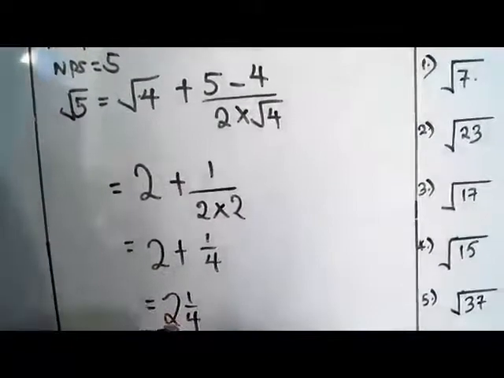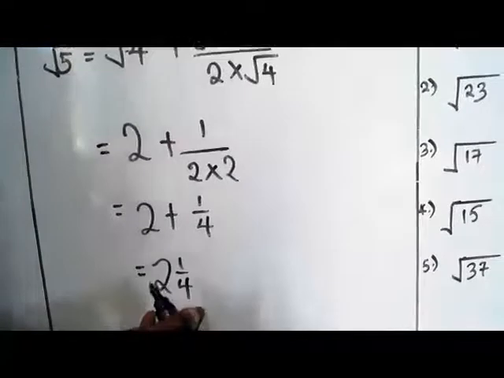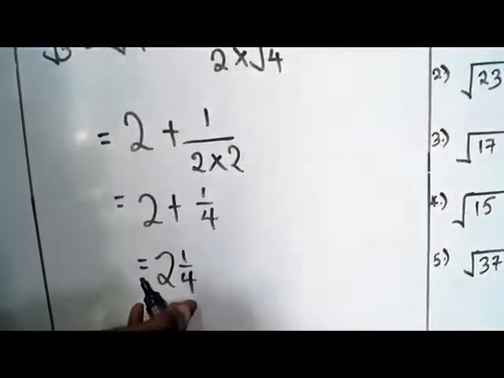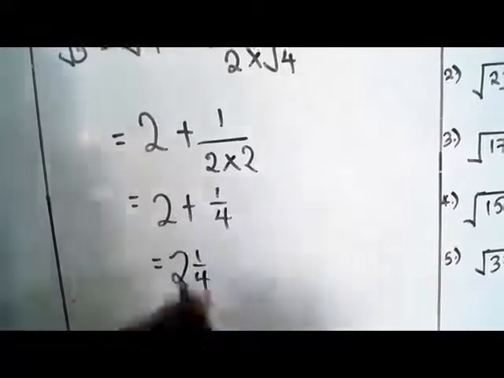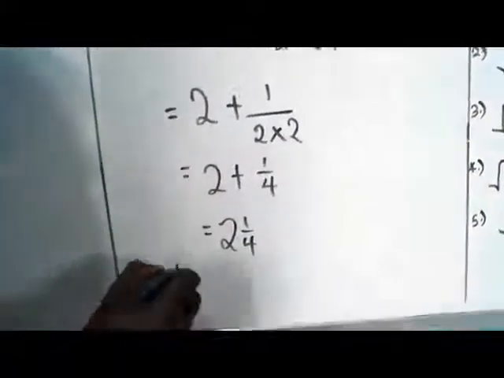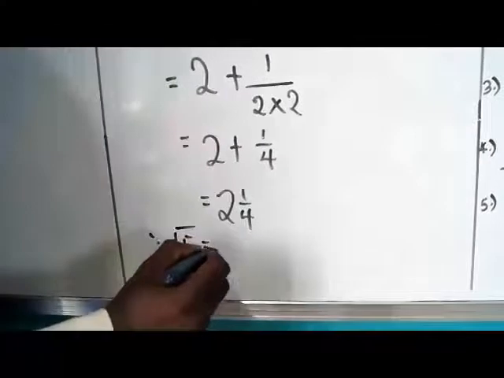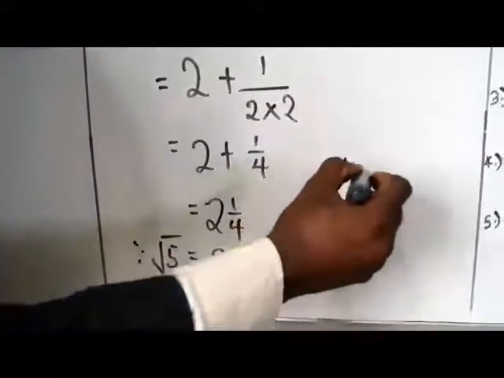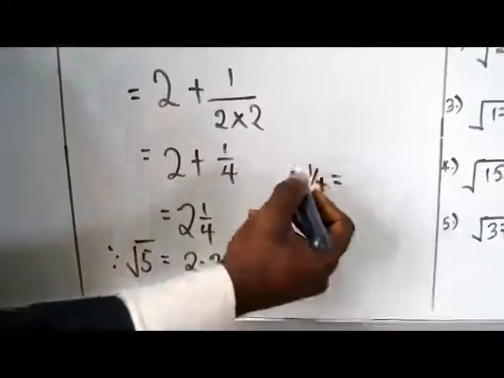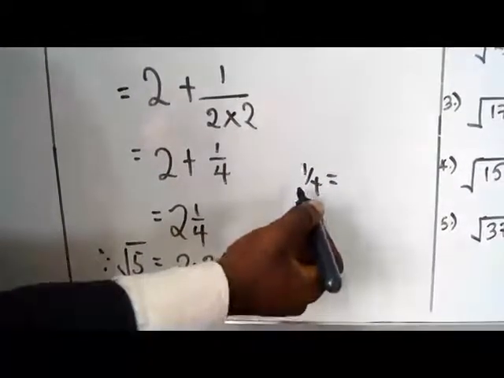Definitely if you punch your calculator, most calculators will give you this answer in decimal numbers. So we'll be writing this one in decimal figure. Therefore the final answer, square root of 5, will give us 2.25, because 1 over 4, if you take 1 over 4 using your long division to a decimal figure, you get 0.25.